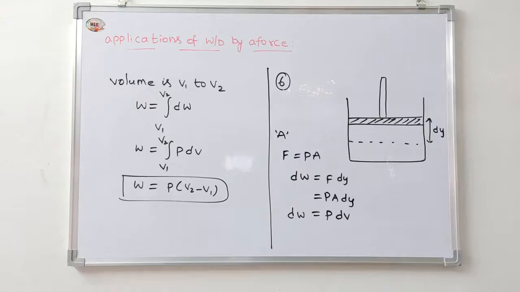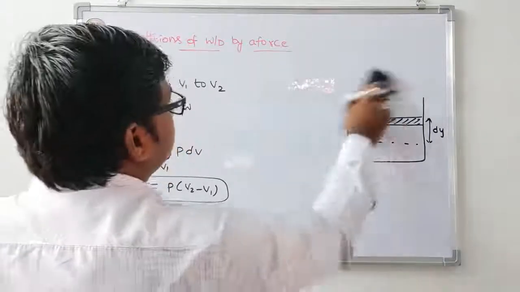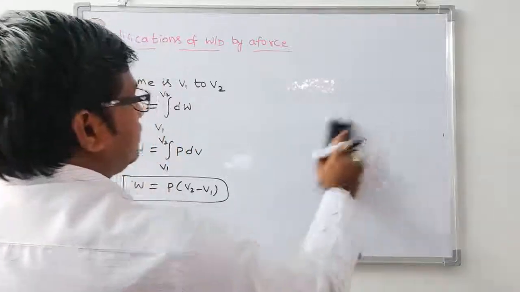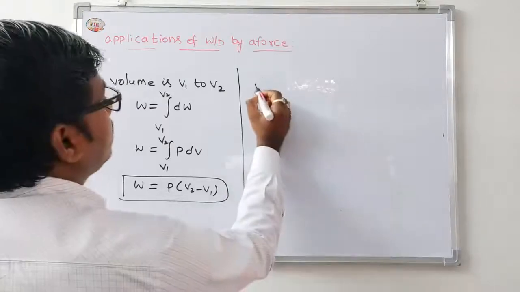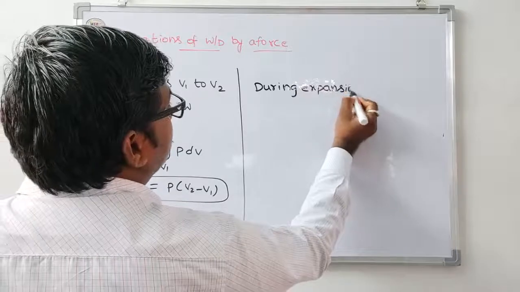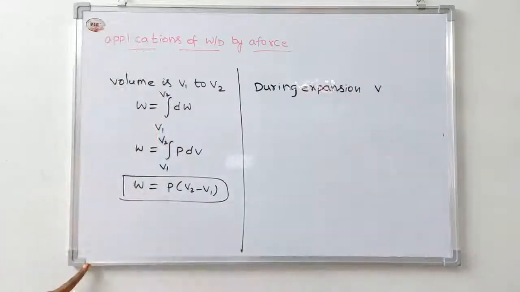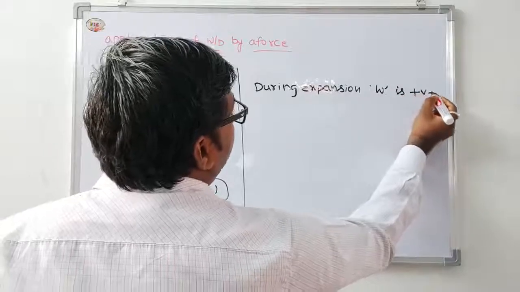One graph also, students, during compression and expansion. First, during expansion, W is positive.